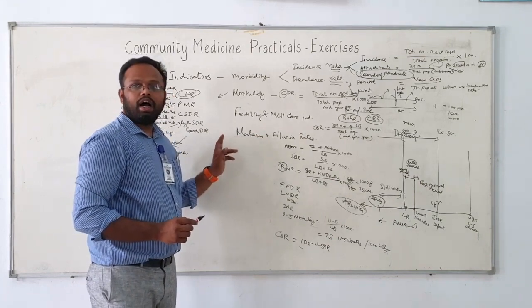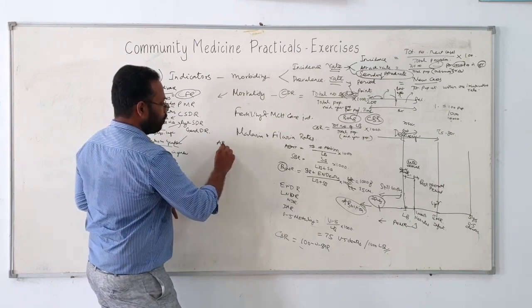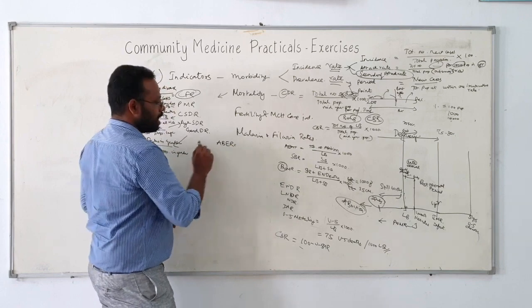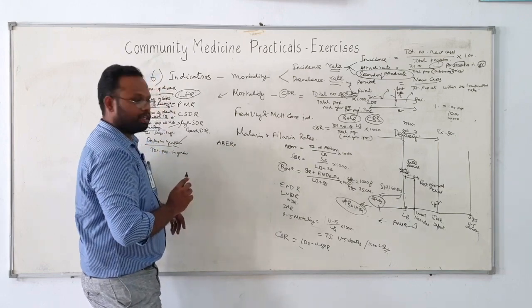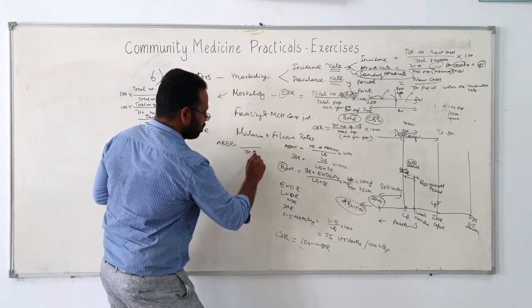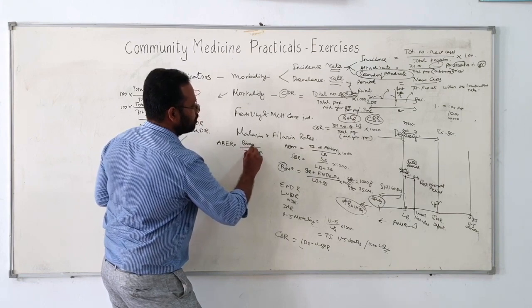Now malaria and filariae indicators. For malaria we have annual blood examination rate, ABER. Out of the total population, how many blood examinations are done?